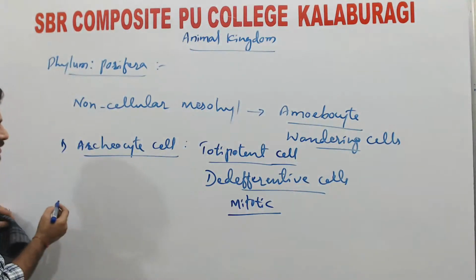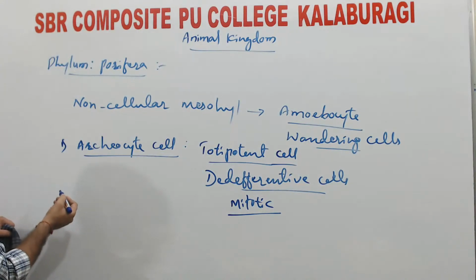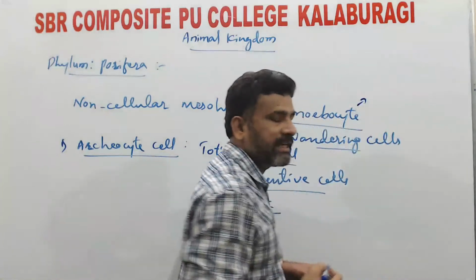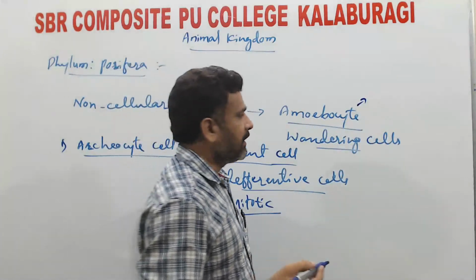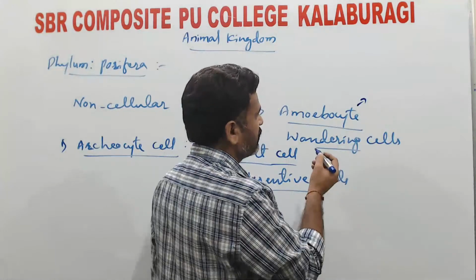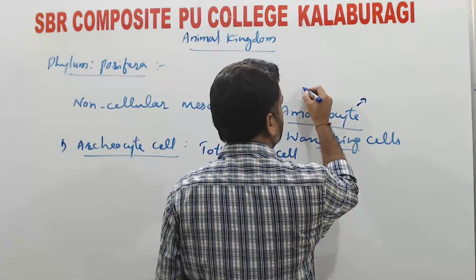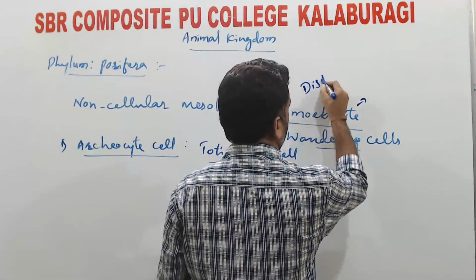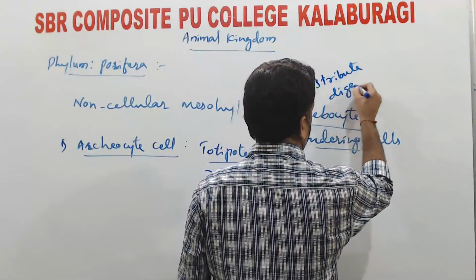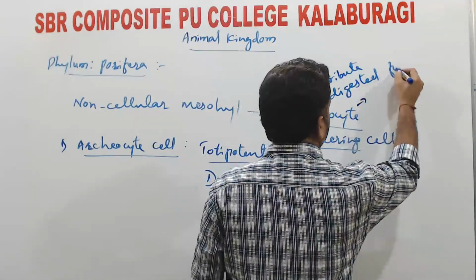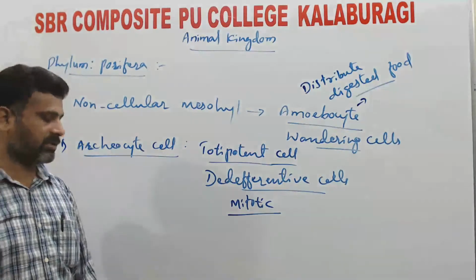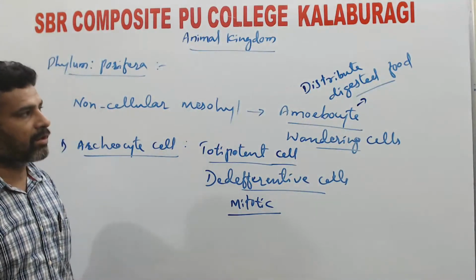Apart from these totipotent cells, as I said in the last class, the main function of the amoebocyte cell is to distribute digested food material to the other body cells within the colony.